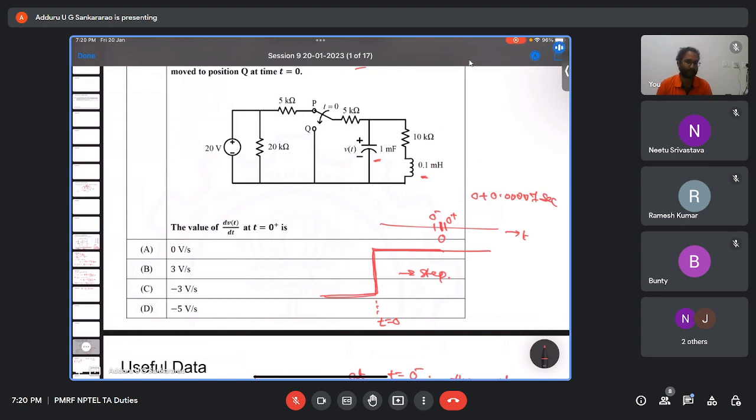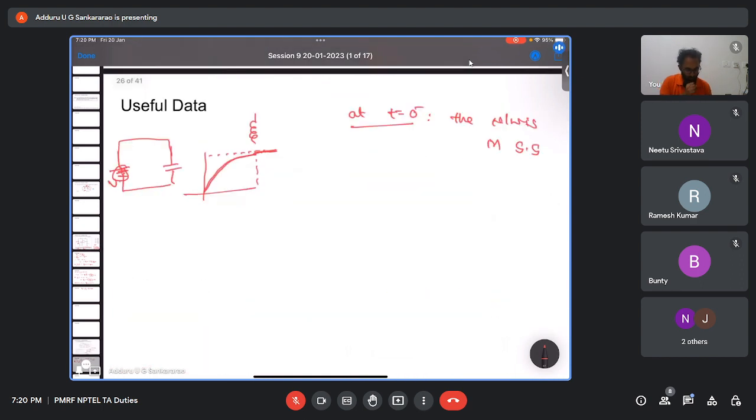For DC, a capacitor at steady state acts as an open circuit. Similarly, at steady state, an inductor behaves like a short circuit. Hope you know this.